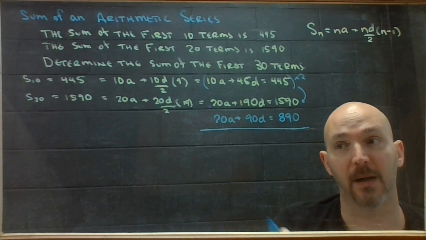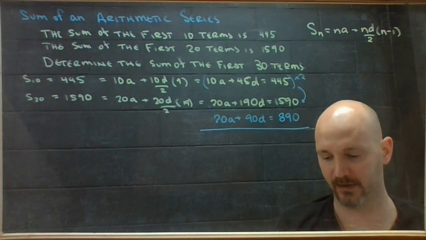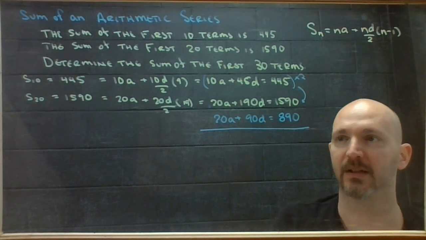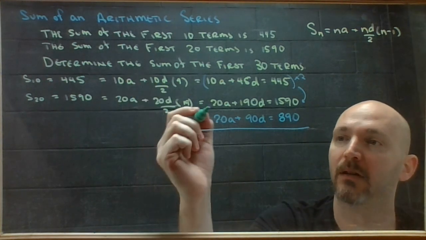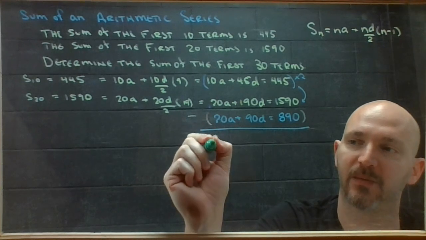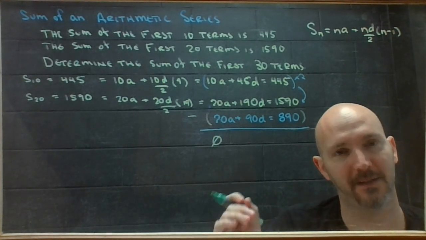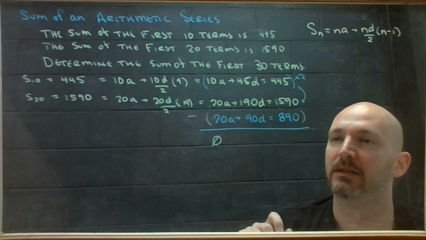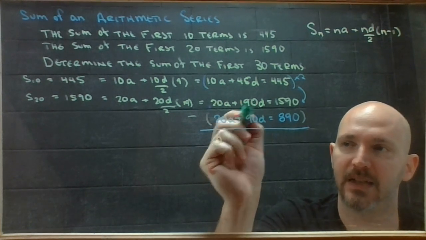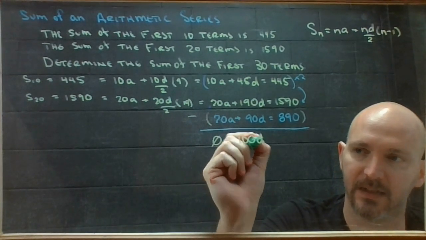And from there, I'm going to subtract this equation from that equation. I'll switch back to green, a bit easier to read. So 20 A's subtracts 20 A's gives me no A's. That has been eliminated. That's why this method is called the elimination method. 190 D's subtract 90 D's would be 100 D's.